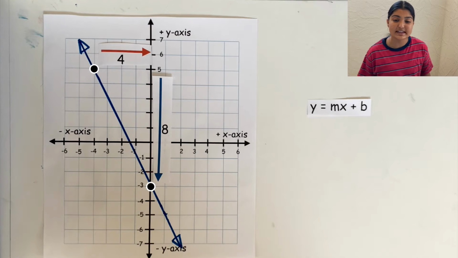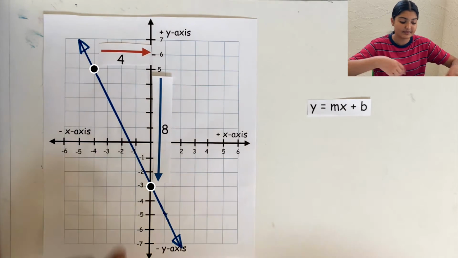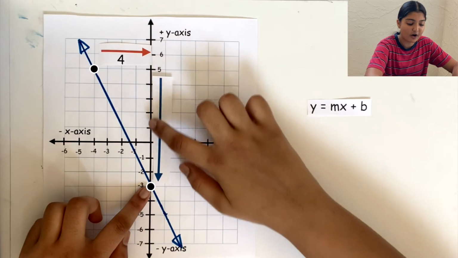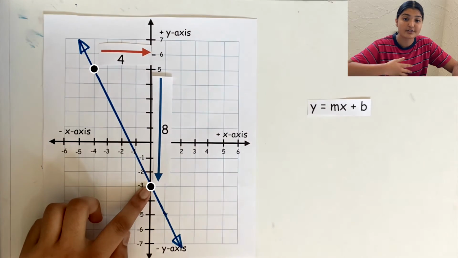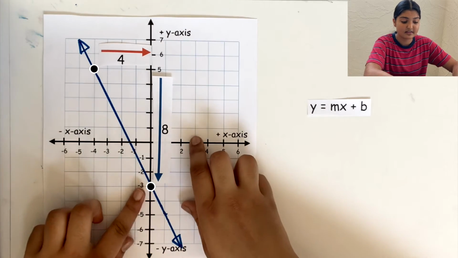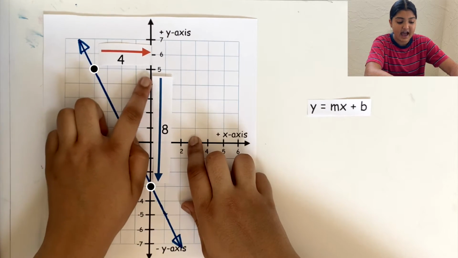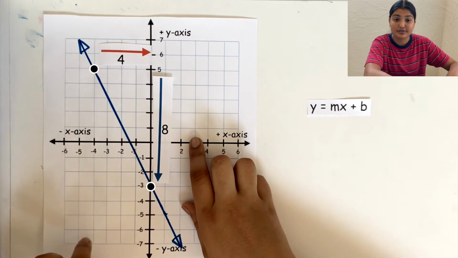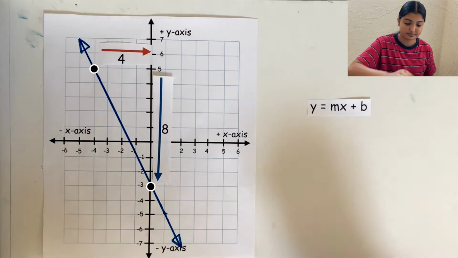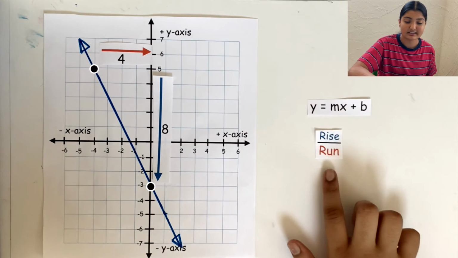Now, in order to calculate slope, we have to divide how far we traveled vertically, or the rise, by how far we traveled horizontally, or the run, like this.